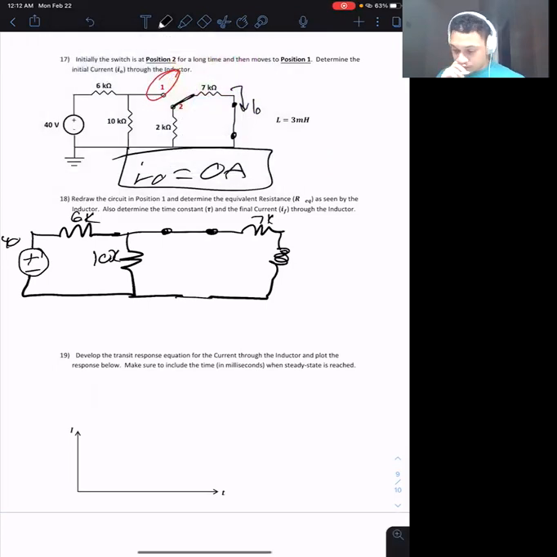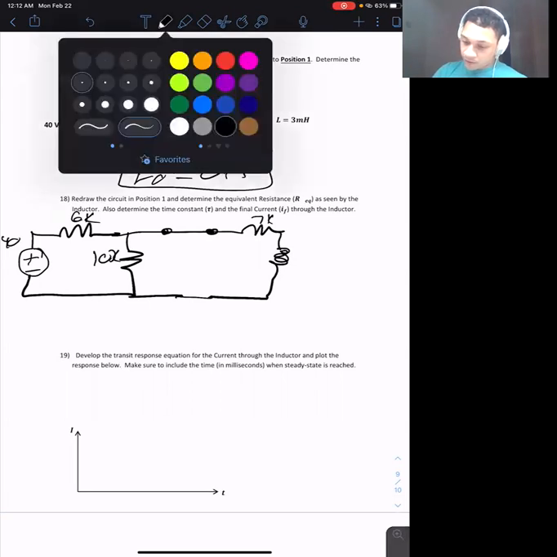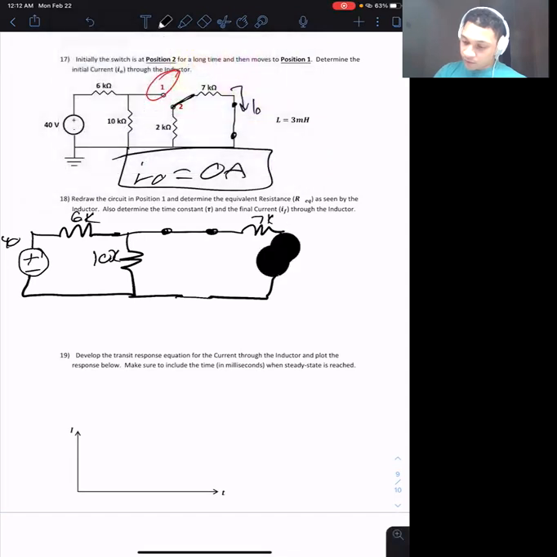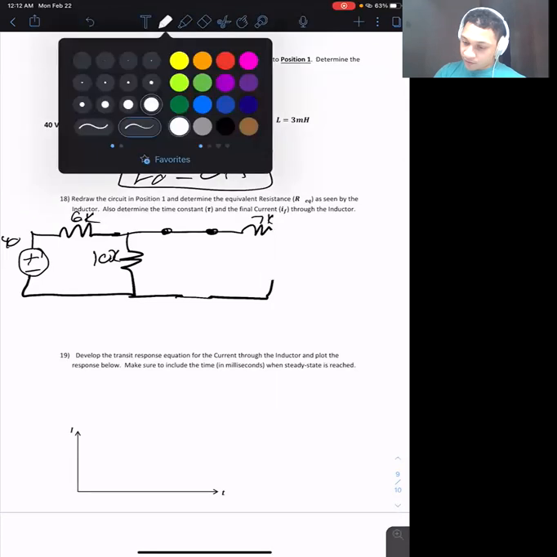All right, so the first step is we're gonna find REQ. And to do that, we're gonna use our Thevenin steps, and we're gonna remove the reference point from the circuit and replace it with an open.